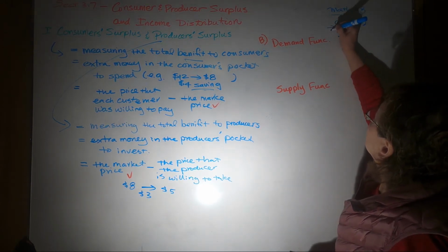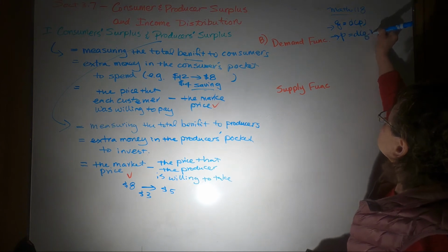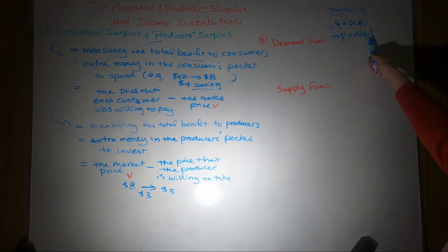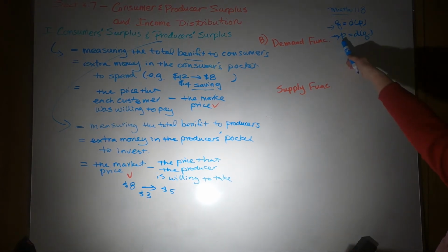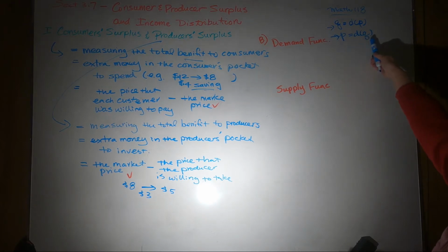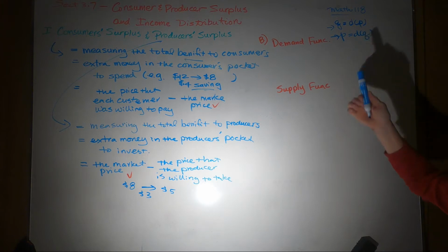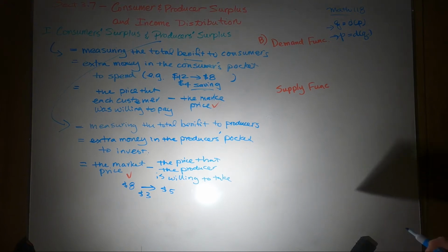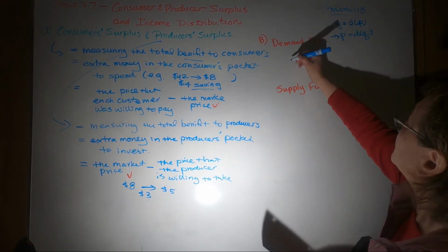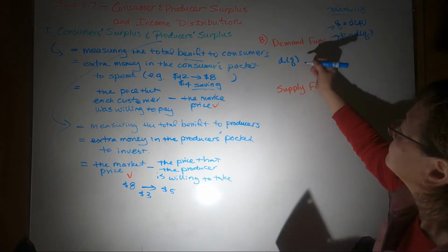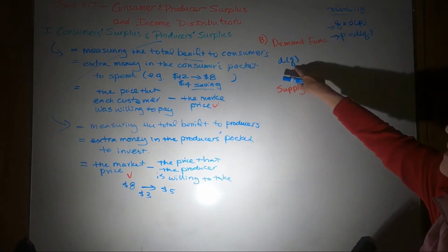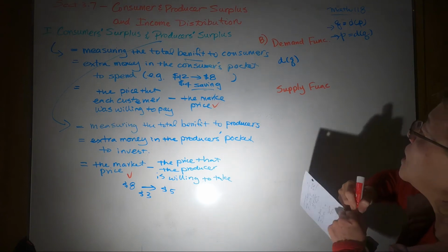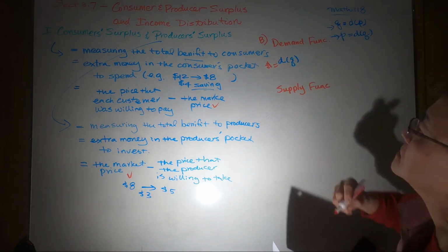Or we can say the price is according to the quantity demanded. If you have a lot of quantity demanded, then the price can drop. If you have little quantity demanded, your price may be high, right? We can do it either way, okay? But for now, let's do it this way. So if I have demand as a function of quantity, what do you think that is? That must be the price, right?